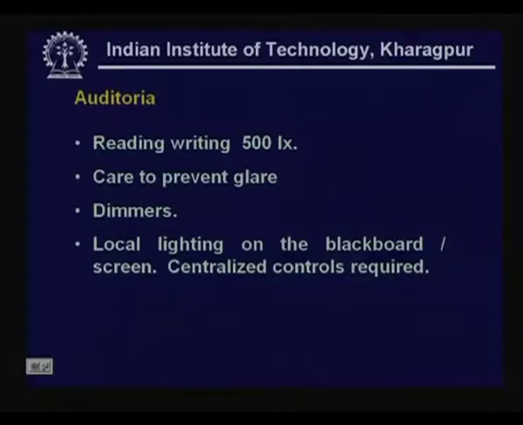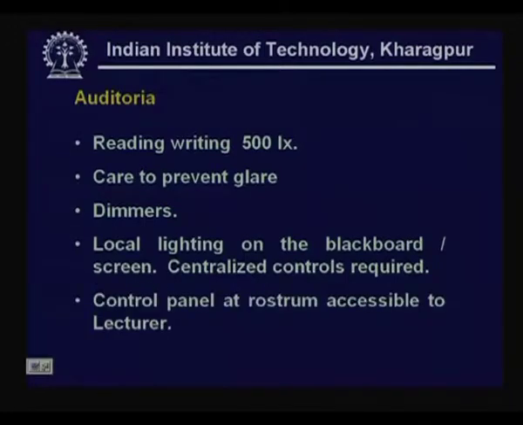So you have local lighting on the screen with centralized controls required, and the control panel for this should be accessible at the rostrum, so that the lecturer or the speaker has complete control over it.